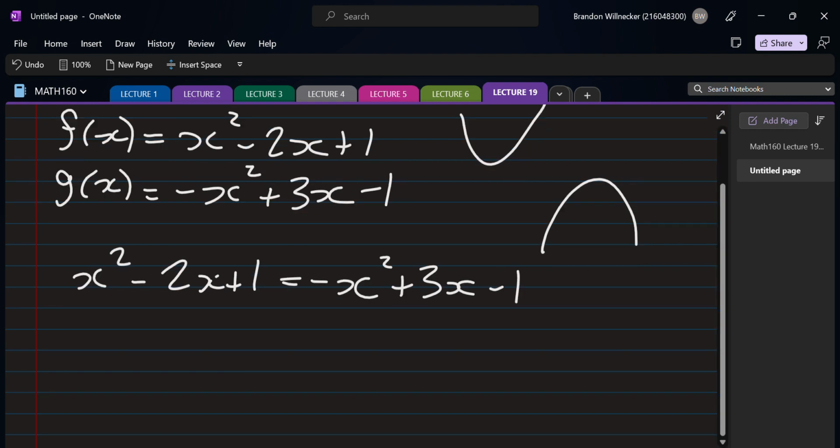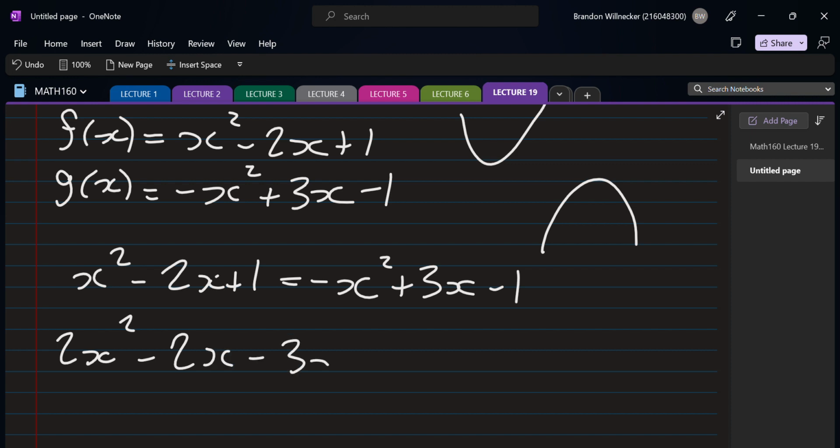Now, since we want to solve for x, we should take everything over to one side. We'll get a quadratic, and we can solve for x that way. So here, taking the minus x squared across, we'll get 2x squared. Then we have minus 2x. Then taking the 3x across, we get minus 3x. Plus 1 plus another 1, so that's plus 2.